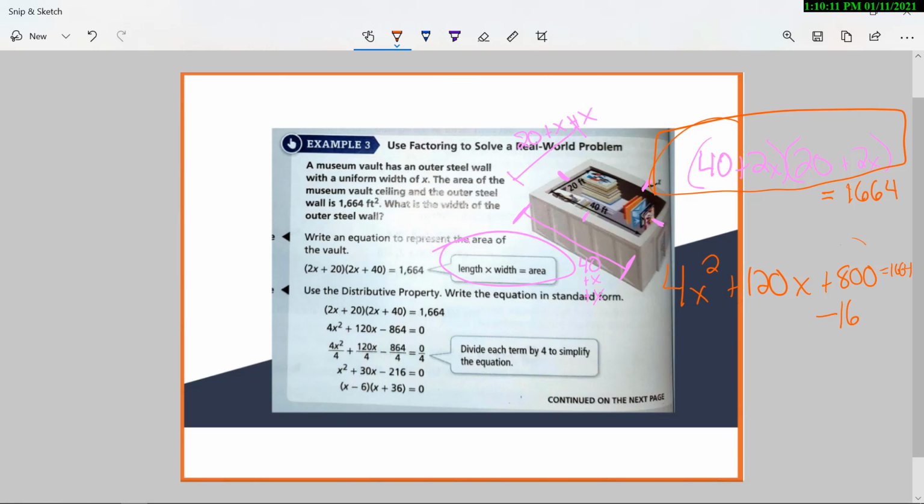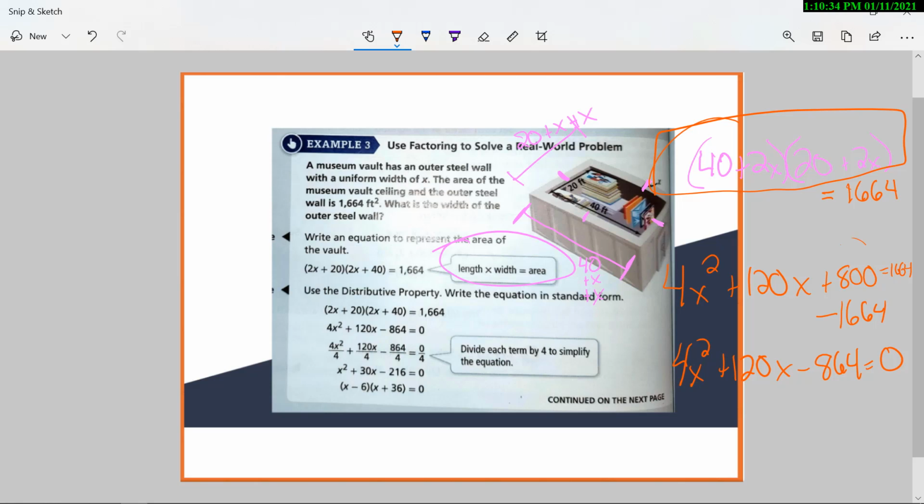So we're going to subtract the 1664. 4x squared plus 120x. There's no other x's, just leave it alone. 800 minus 1664 is negative 864, and now it equals 0, which is really what we wanted to do.